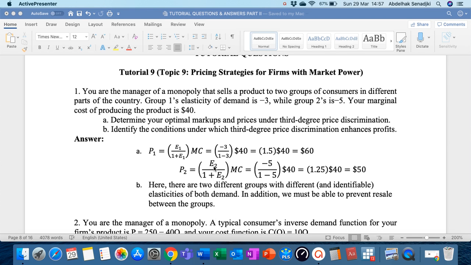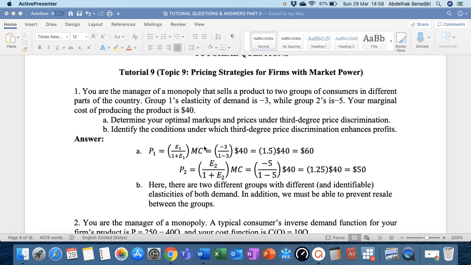So remember, under third degree price discrimination, we say that price 1 must equal E1, or elasticity 1, divided by 1 plus E1 times MC, and price 2 equals E2 divided by 1 plus E2 times MC.